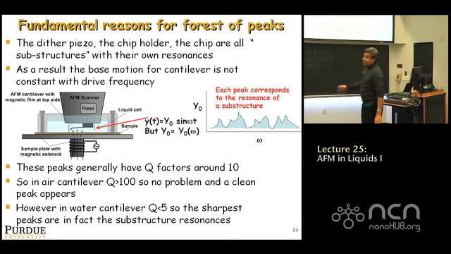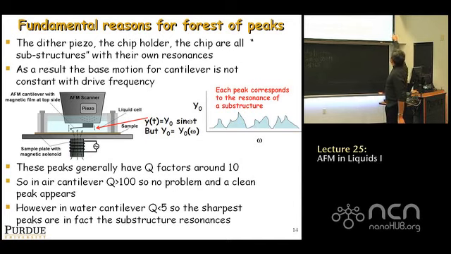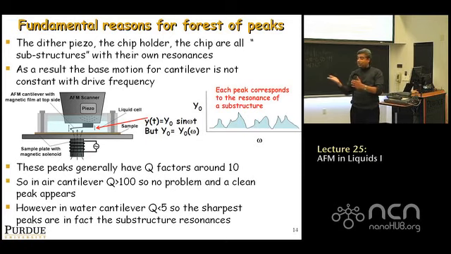So really, if you look at the base of the cantilever, you have all these resonance peaks. They're there in air also, right? The key thing is, it turns out all these resonances have Q factors that are around 10, roughly order of magnitude 10. So when you put it in air, the Qs of cantilevers are about 100, right? Most cantilevers are 100, 150, 200.